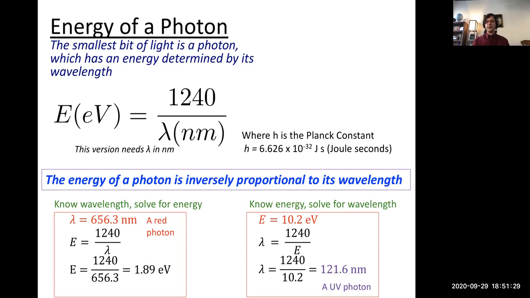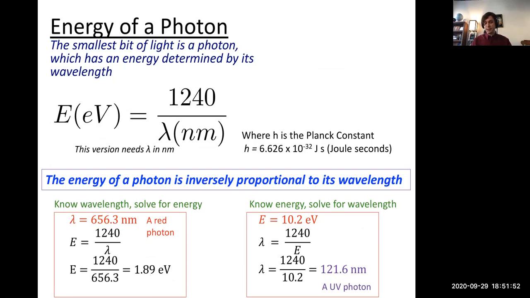Another useful thing, and notice I have these in green, so again, don't memorize these for quizzes and exams, but you will interact with it on the homework. I could know the energy, like maybe there is some physics out there that lets me predict that there should be this energy. And then I could solve for the wavelength to design an experiment to check if my prediction is correct.